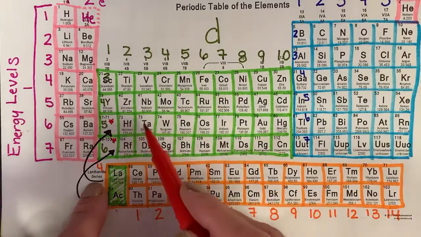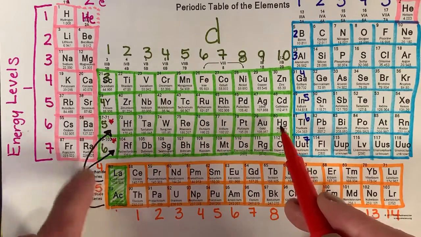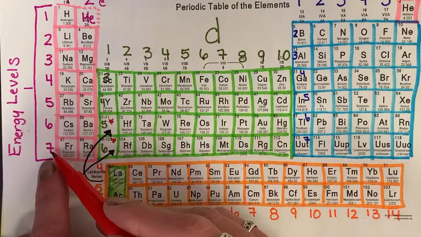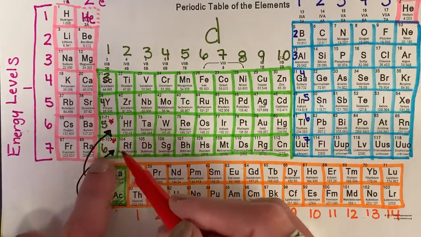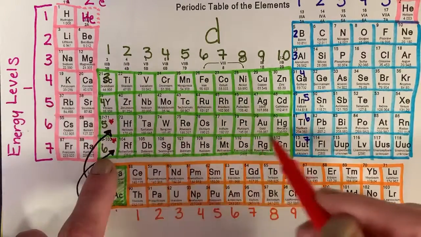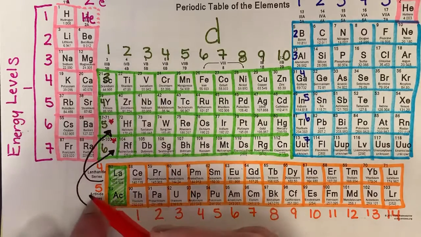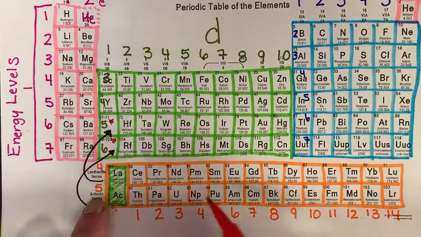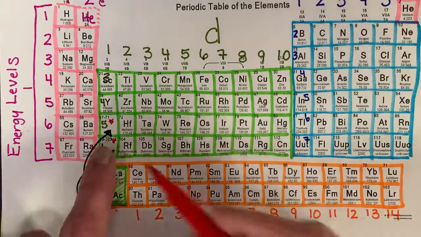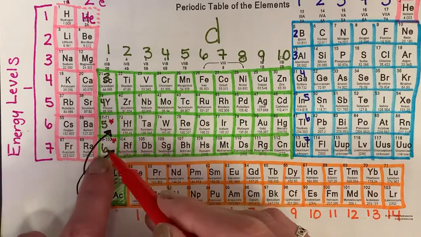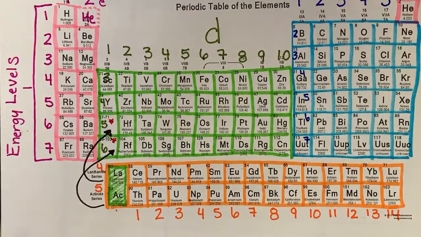And then I would do the d orbital. Down here, I would do 7s2. Before I would do the d orbital, I'd come down here, 5f14, and then I'd go on to my 6d orbital, okay?